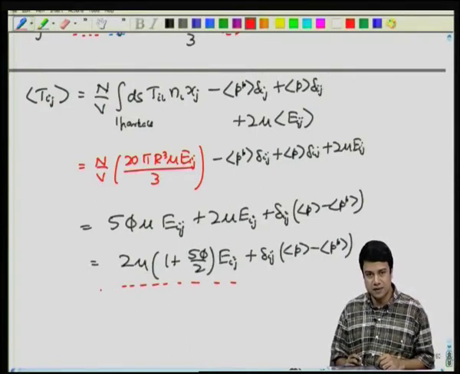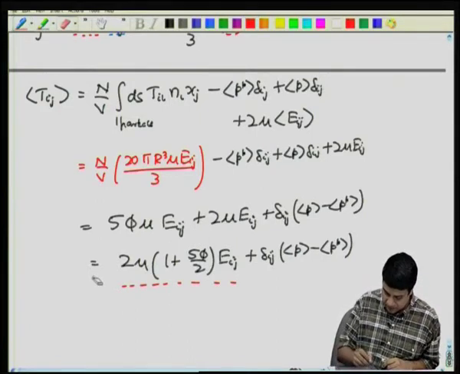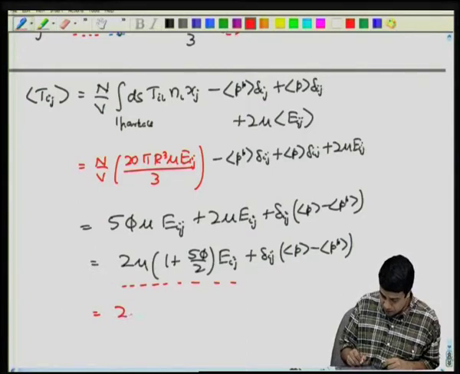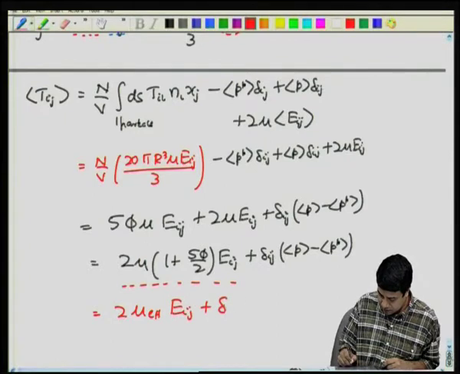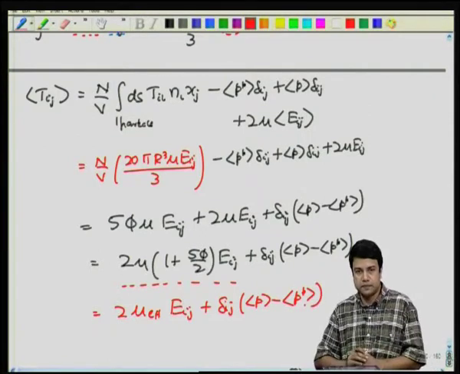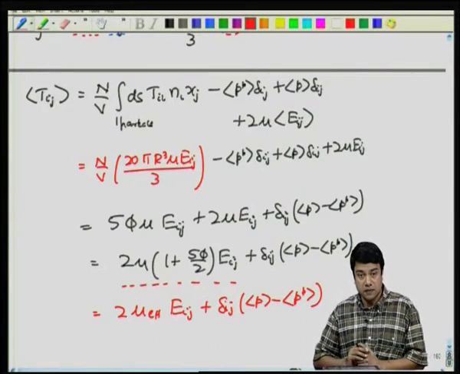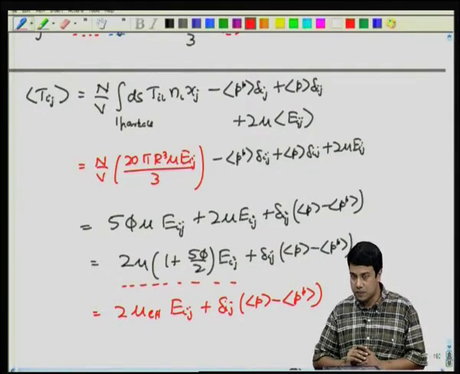So, this can be written as 2 mu effective e_ij. Therefore, we have got the contribution to the viscosity due to the presence of all of these particles. It does not depend upon the particle radius, it does not depend upon the number of particles, it depends only upon the particle volume fraction.